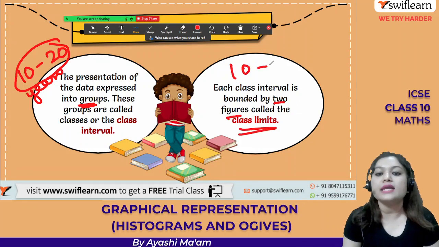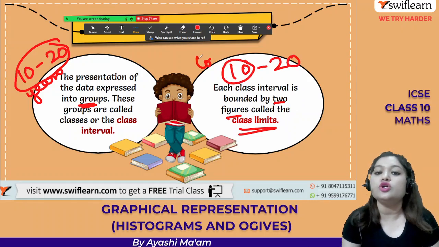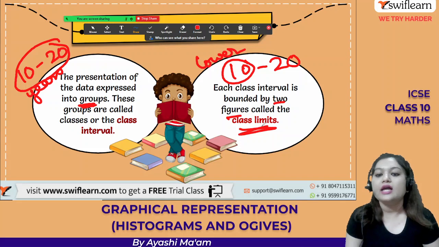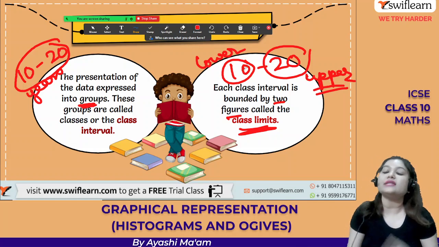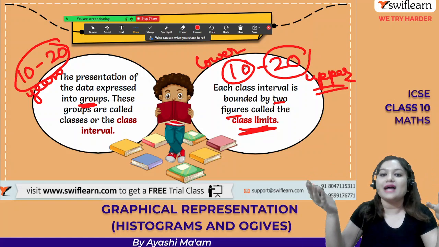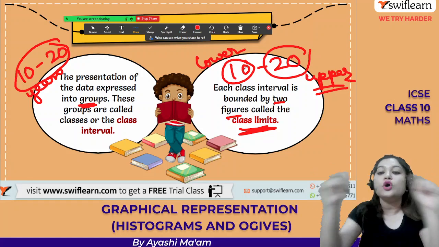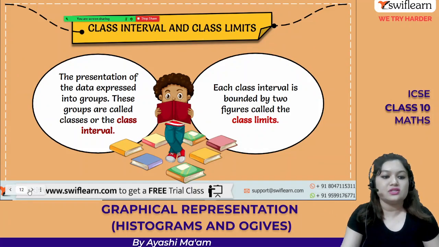So when I'm telling you 10 to 20, this 10 will be called your lower class limit, and this 20 will be called your upper class limit. These two are required to express a class interval or the range.